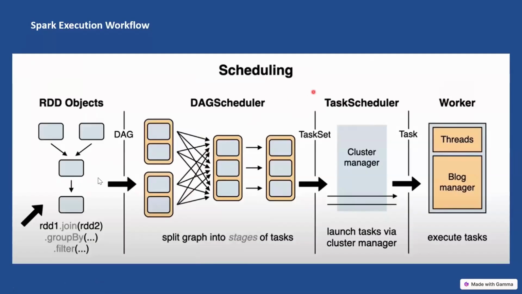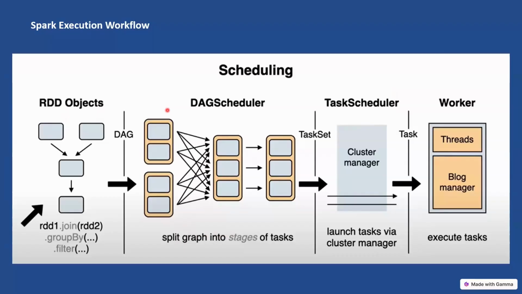Then, guys, this RDD gets passed to your DAG scheduler. What is the purpose of this DAG scheduler? I showed you yesterday in yesterday's call that there is a DAG, a directed acyclic graph. Someone has to schedule it before running.